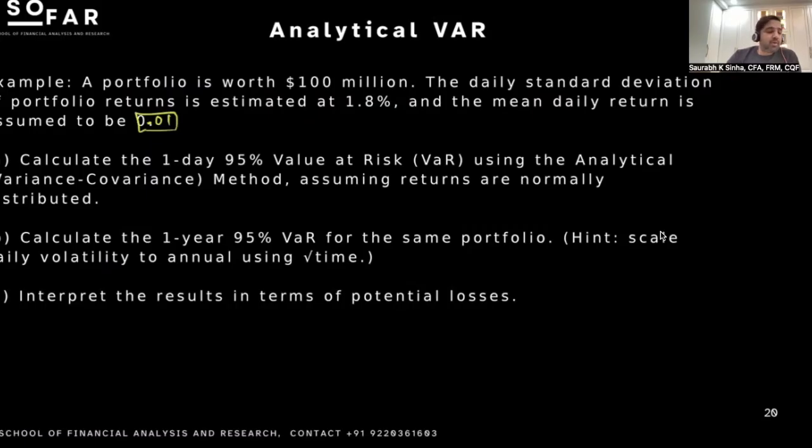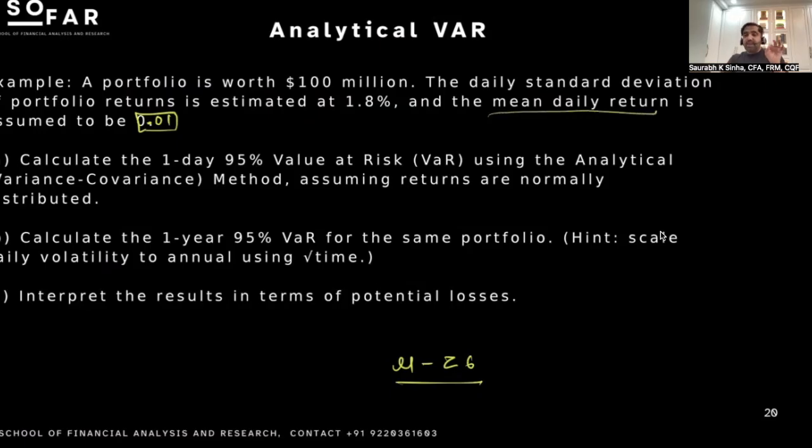Now, very, very important information that I want to tell. In all the FRM or CFA curriculum, most of the time, they will not give you the mean daily return in the calculation. But you need mu minus Z into sigma in the calculation of VaR. You need mean, you need standard deviation, and they will not mention anything about mean daily return.